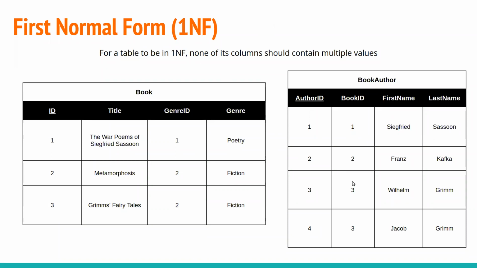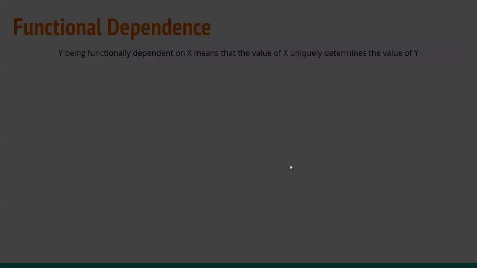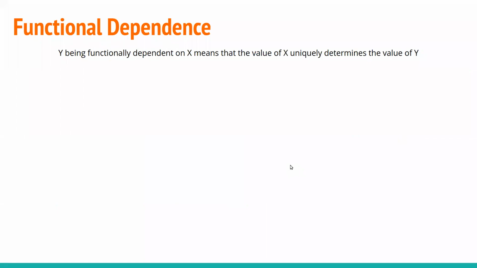And you can see we still have a relationship between our authors and our books. By the way, I didn't have to separate this into first name and last name. That was just me doing it, because it's better that way. That didn't have to be done.